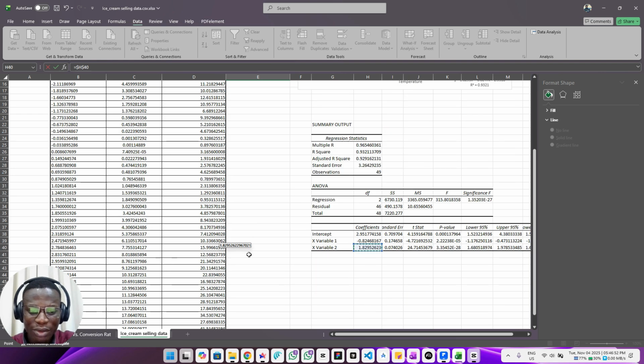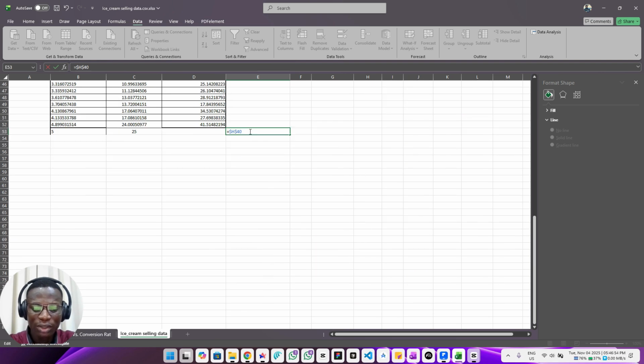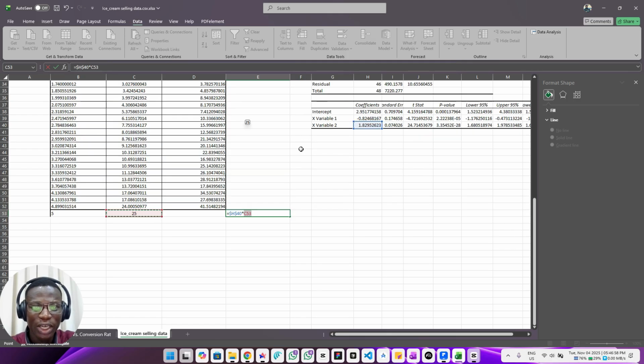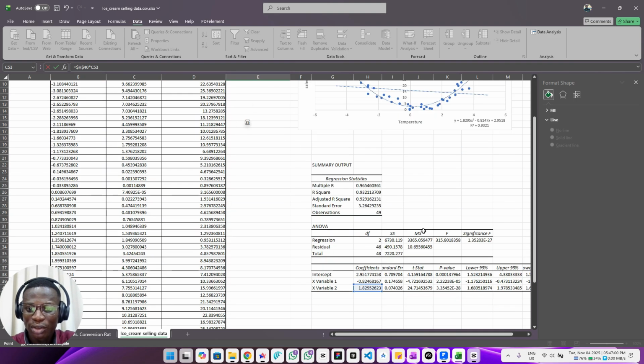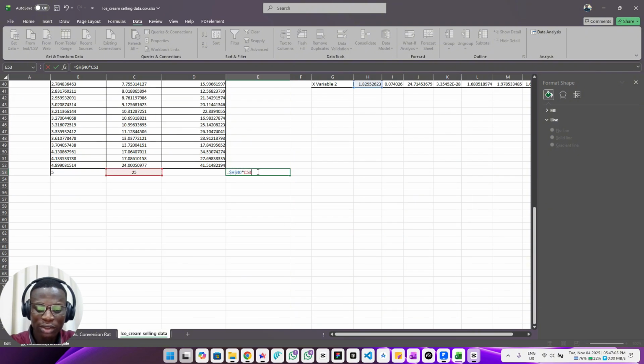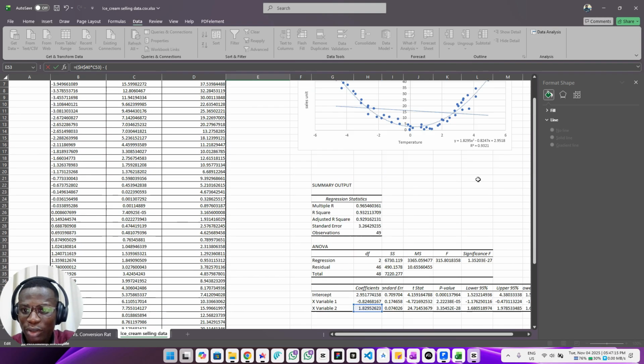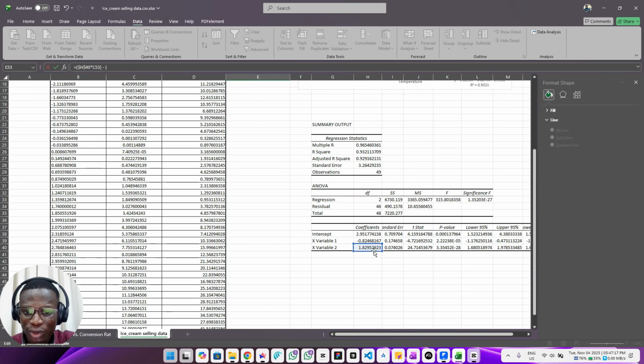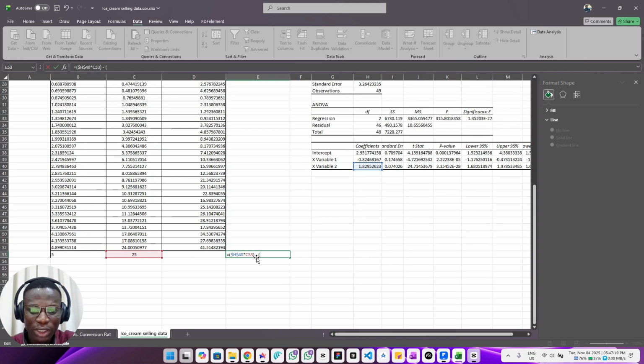1.829 times R squared, so times 25, minus, so let's put it in brackets. Okay, minus bracket. But again, what do we have? 0.824. Where is 0.824? Let's type. If we select, it's going to select as minus.